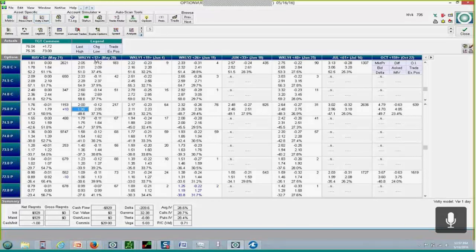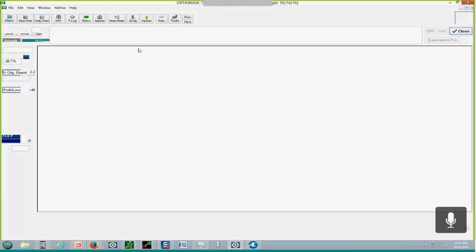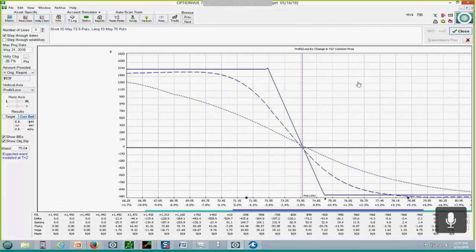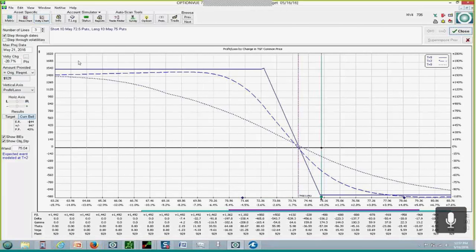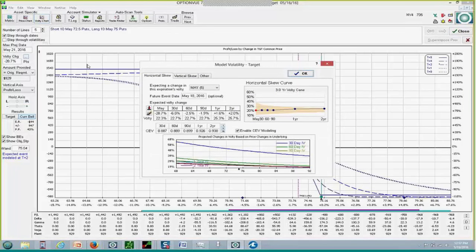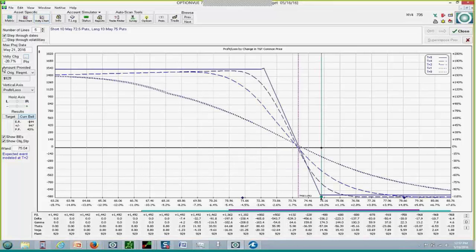Okay. So here, if I hit the Analyze button, this is what my risk-reward graph is. I can drag it over, and I can add other time decay lines. But I'm also going to go ahead and say, notice the volatility change that's implied is a minus 28. I don't know if there's really going to be a minus 28.